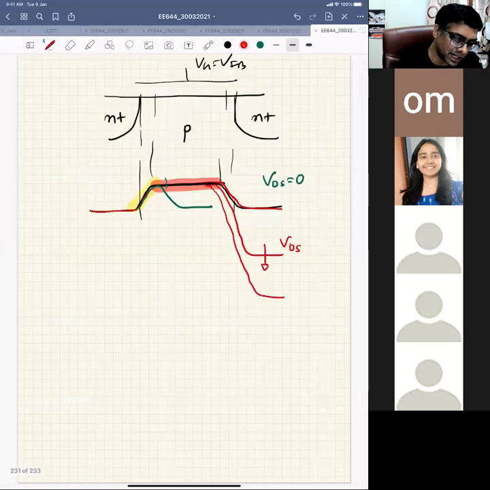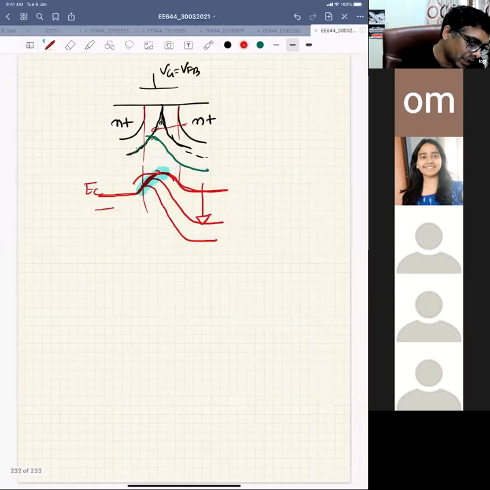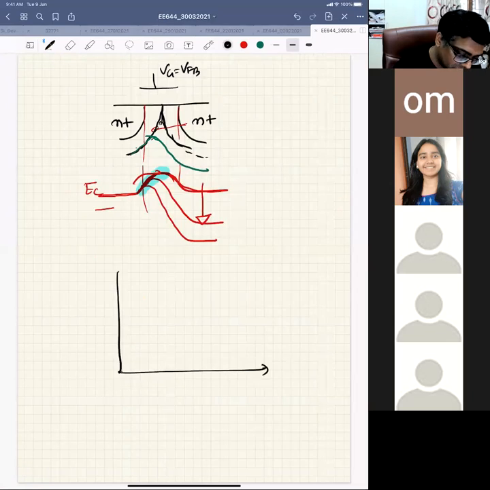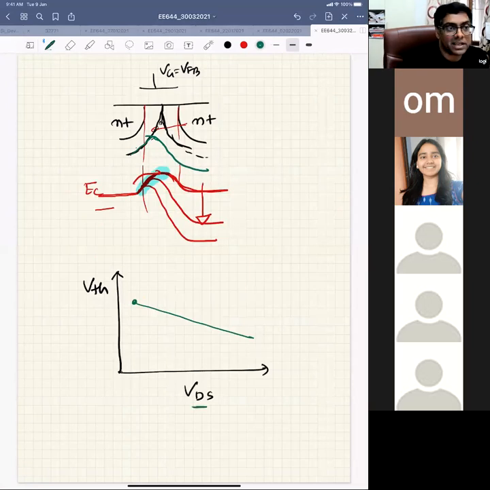Because of drain induced barrier lowering, if you measure your threshold voltage at different drain to source voltages, you will see differences. If your drain to source voltage is very low, you have some threshold voltage, but if your drain to source voltage is increased, then your threshold voltage will reduce, right? This is because as you go on increasing VDS, this barrier will be reduced.